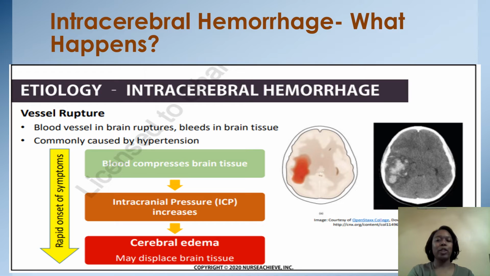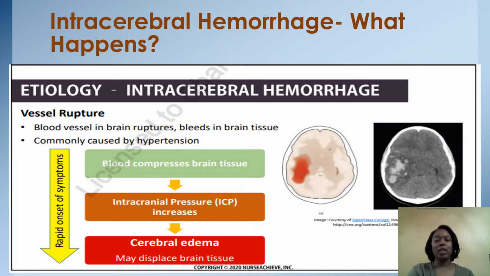Sometimes the hypertension or the elevated blood pressure causes tiny arteries in the brain to rupture, or it could be a weakened wall, such as an aneurysm that ruptures. Either way, the release of this blood in the cranial cavity increases the cranial pressure, causing cerebral edema, and displaces the brain tissue, depriving the brain of the nutrients and oxygen, causing a cerebral infarct or death of the brain tissue.